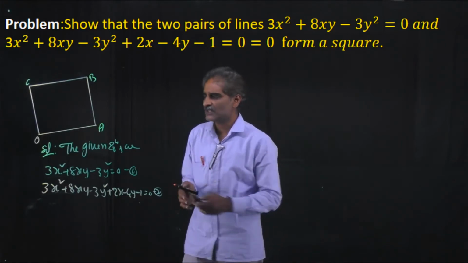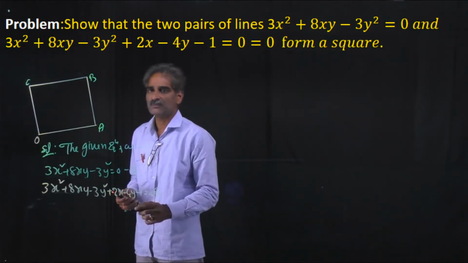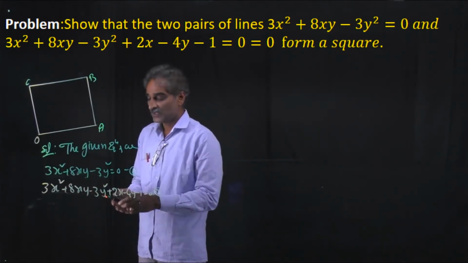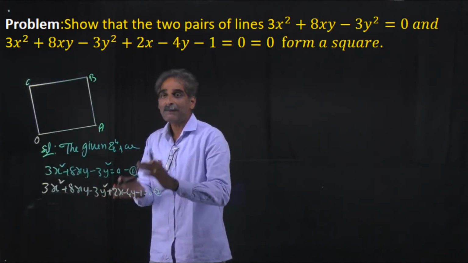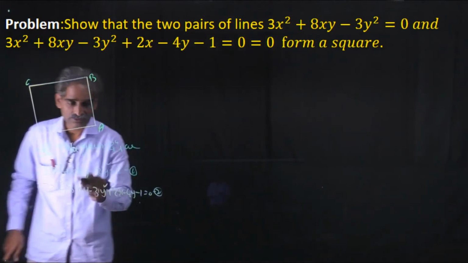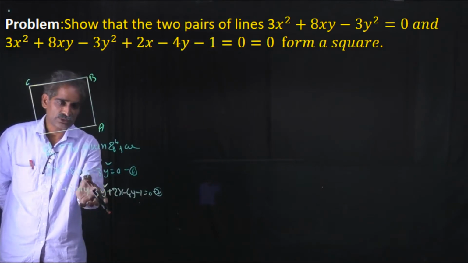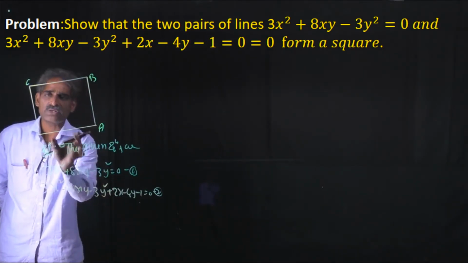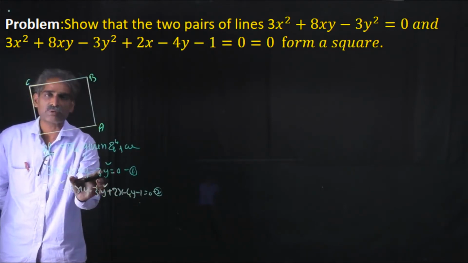Okay, first of all, observe these two equations. Here, the homogeneous second degree parts are the same. Therefore, they represent parallel pairs. Understand? So clearly, this represents two sides. Let us take OA and OC, the two sides represented by 1.